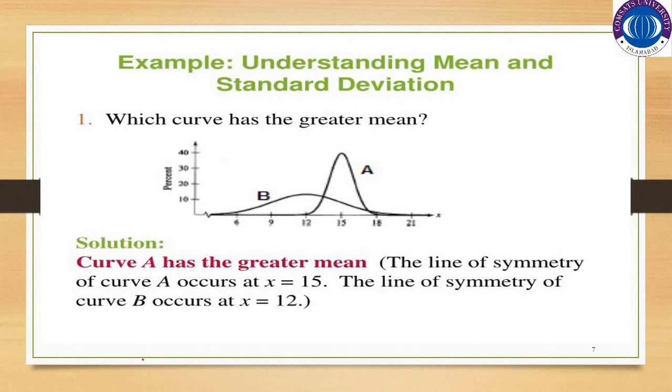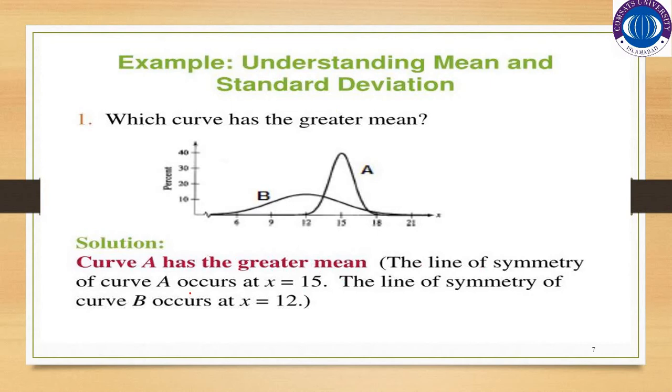And these are two curves, curve A and curve B. As you can see, curve A has a higher peak than curve B. The peak of curve B is flattened and there is more tendency at the tails, whereas in curve A the peak is higher. They are asking which curve has the greater mean. Curve A has the greater mean.